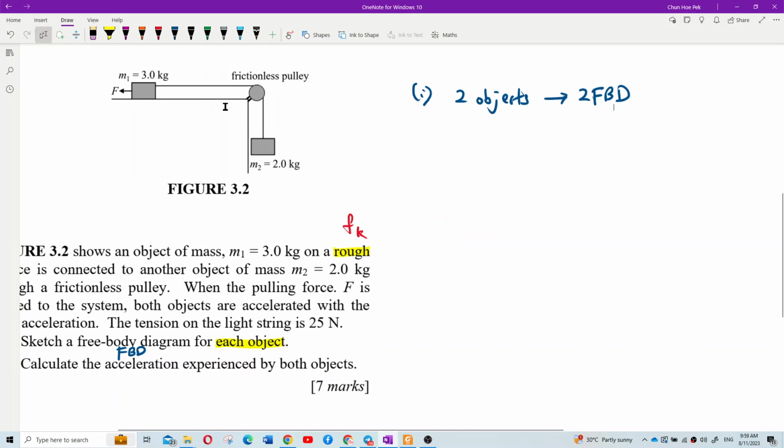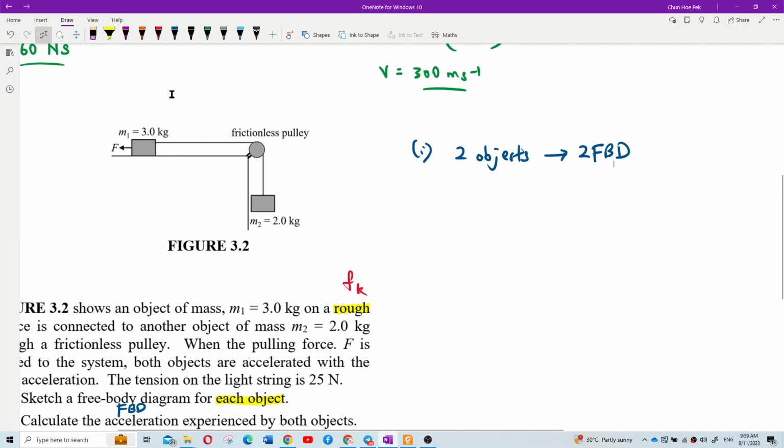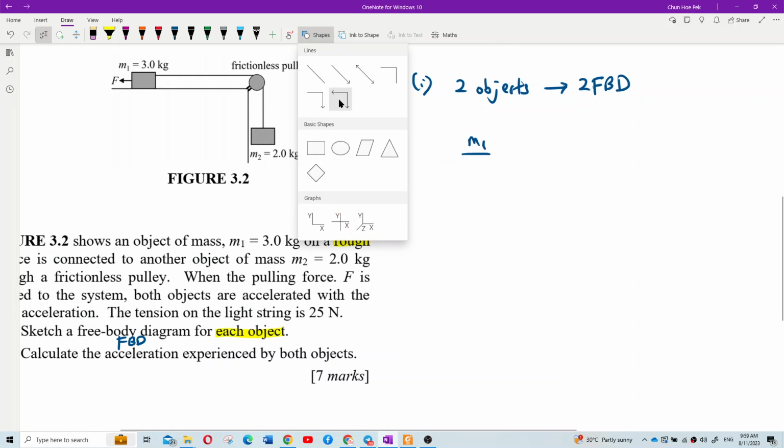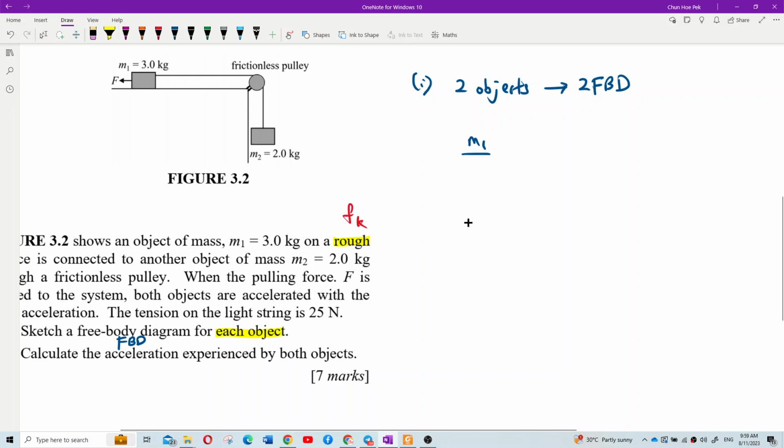So this is mass 1 and this one is mass 2. We start with mass 1. Let's draw it out.